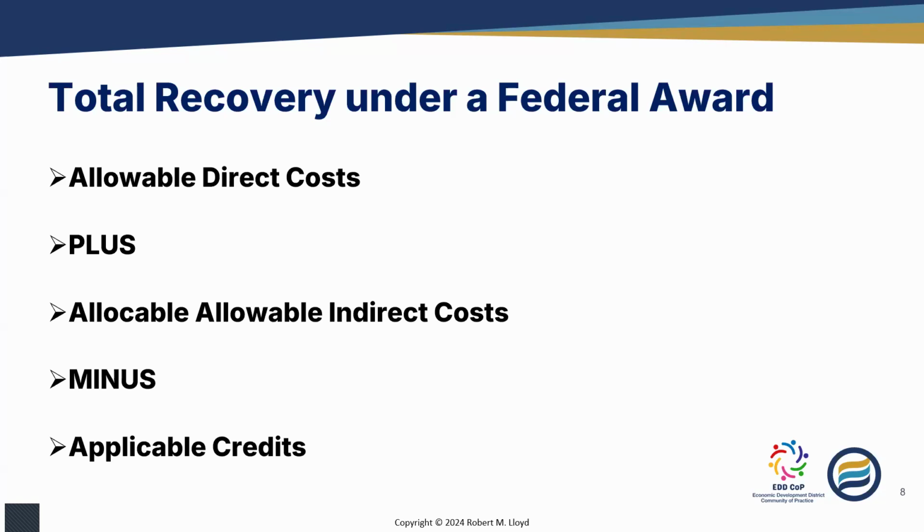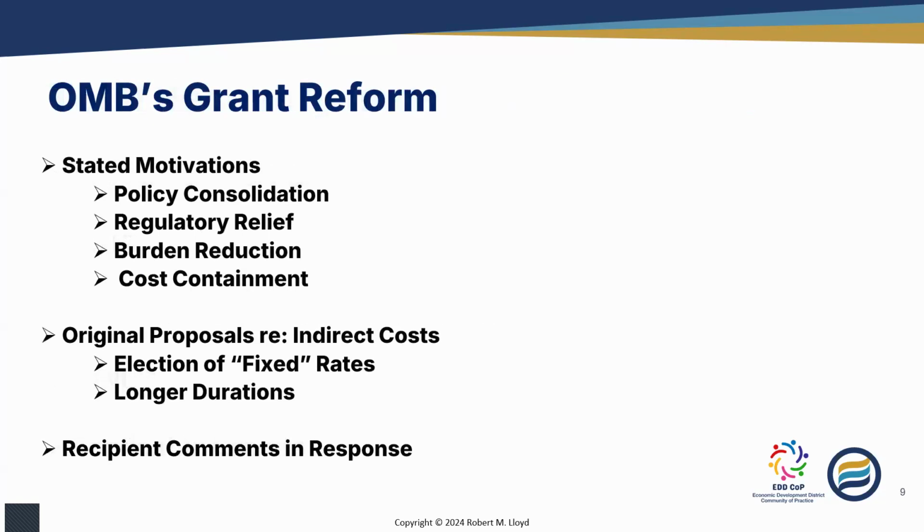Well, on slide 9, I'm identifying a kind of high altitude view of what OMB has done relative to grant reform. And their focus on burden reduction and policy consolidation have certainly been part of what the discussion related to indirect costs has been all about. Back in 2013, before OMB adopted these revisions, one of the things that they suggested was that recipient organizations might be more inclined to recover indirect costs based on the election of fixed rates.